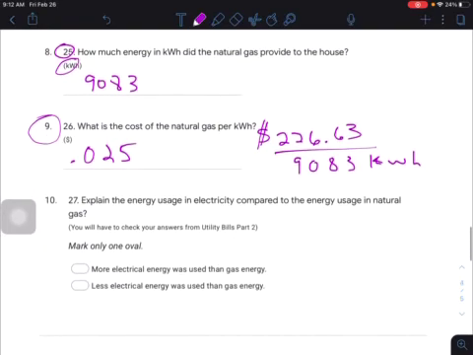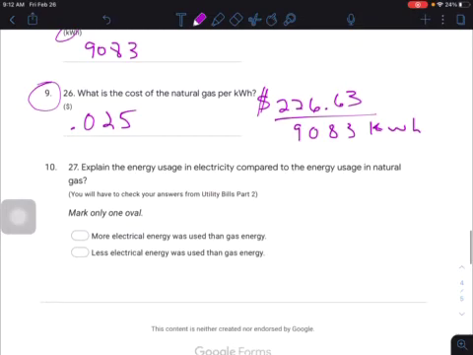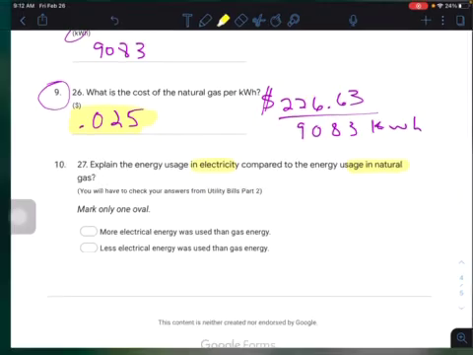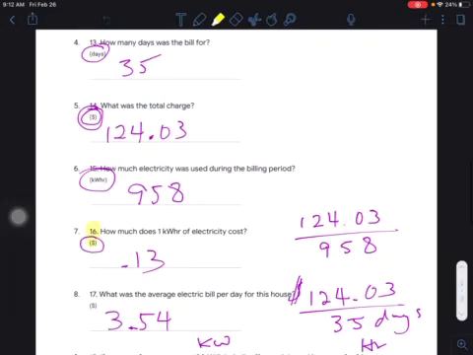And the next question says, explain the energy uses in electricity compared to the energy uses in natural gas. So this bill is our natural gas bill that we're just looking at. The previous bill was an electricity bill. So if we compare this number here, 0.025, or about 2 cents per kilowatt hour, we can go back to our utility bill number 2, and here it is right here.